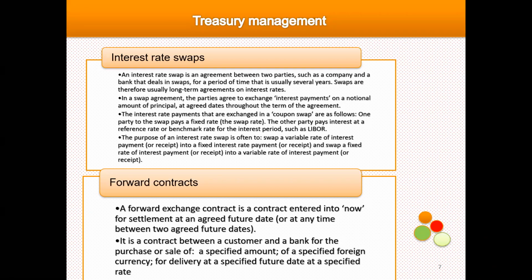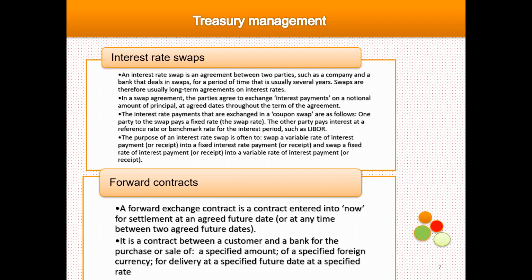Okay, so what you need to understand is that interest rates are fundamentally two types. You have the variable interest rates and you have the fixed interest rates, right? Sometimes companies want to go for a variable interest rate to be able to take advantage of the fluctuations in that interest rate, because as the interest rate fluctuates, it benefits them.